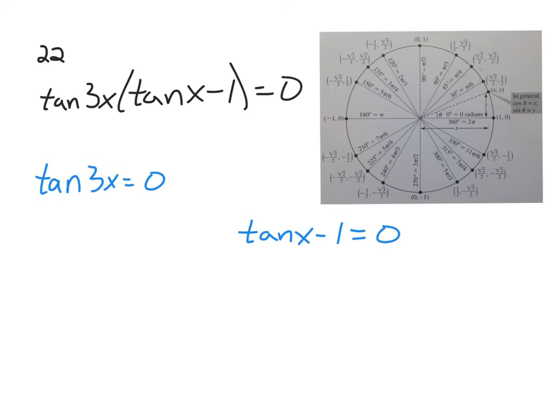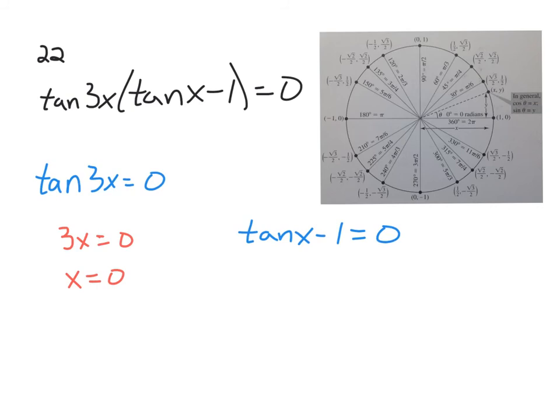So we're looking for where tangent is 0, okay, and that's where sine is 0. And so the first place is right here. You don't even have to go anywhere. So then x equals 0.